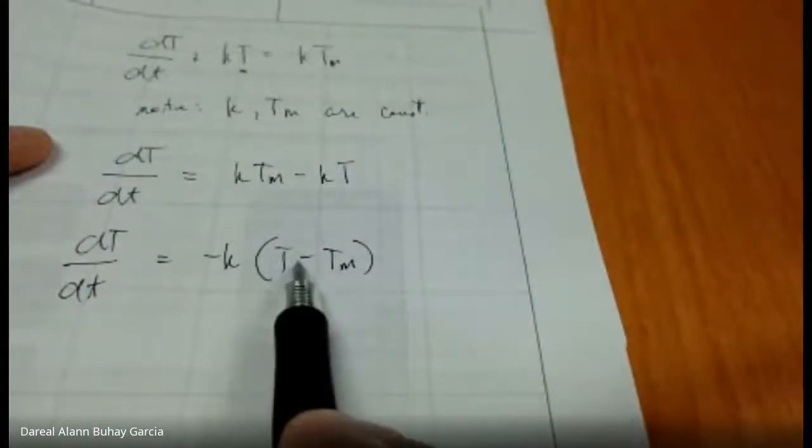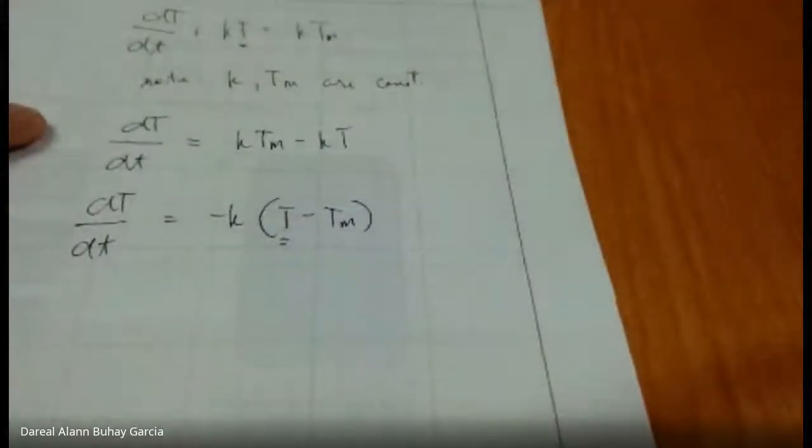Negative si k nato, di ba? So, dT over T minus Tm is equal to negative k dt, integrate: negative kt plus c. The same earlier, negative kt plus c.